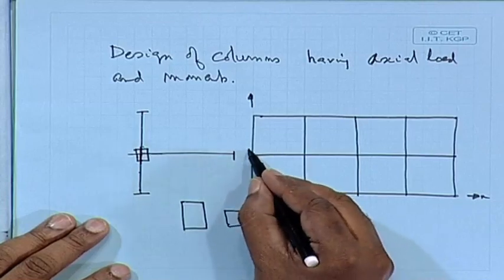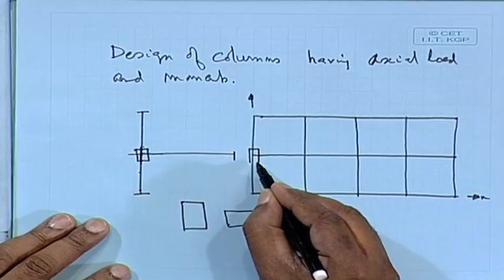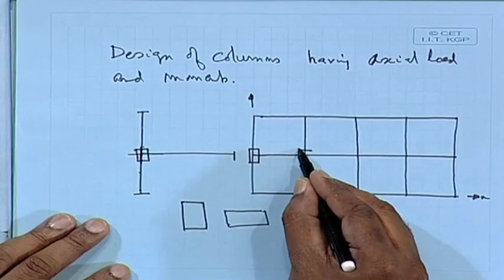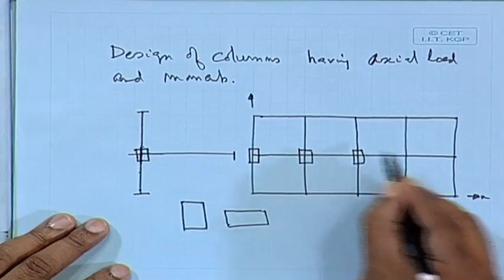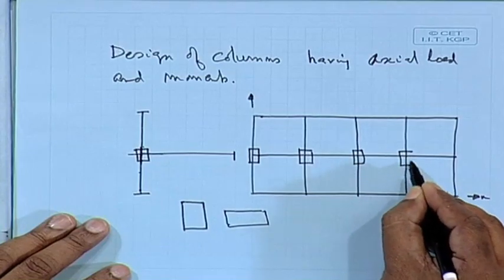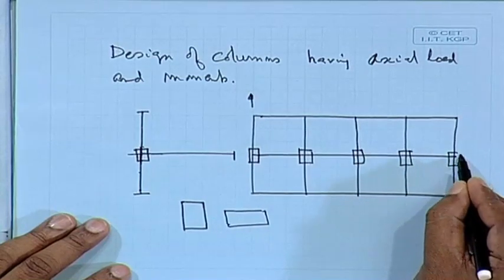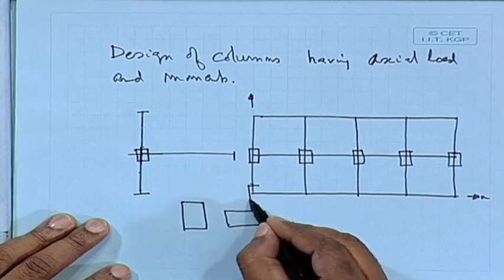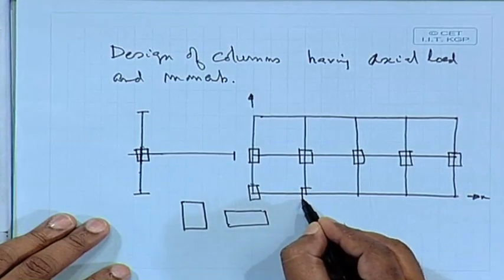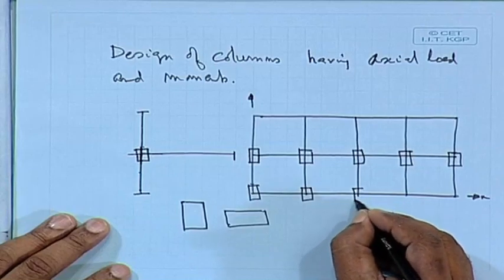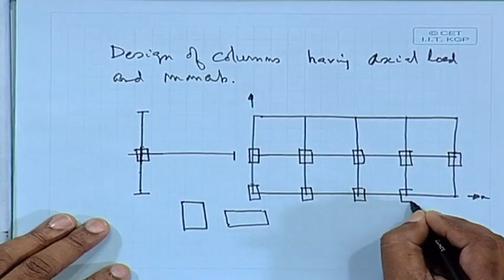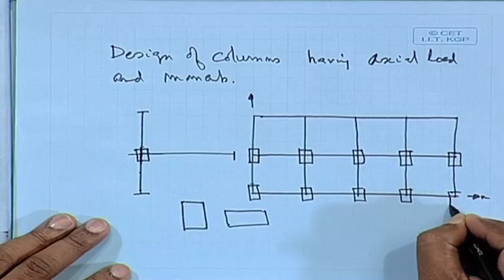Obviously, we shall provide the column this way, because where the second moment of area is less, to resist that we shall provide the column in this direction, not the other way, because here there is not only axial load but also bending.